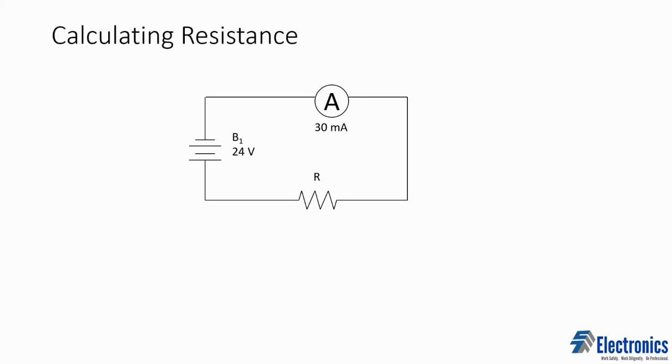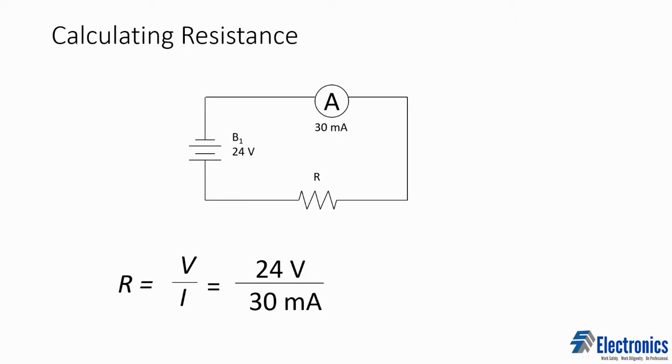So here's an example for calculating resistance. Here's a simple circuit with a power supply of 24 volts and a current meter of 30 milliamps. To solve for R, if you use your chart and you cover up the R, you're left with voltage divided by current, which in this case would be 24 volts divided by 30 milliamps.